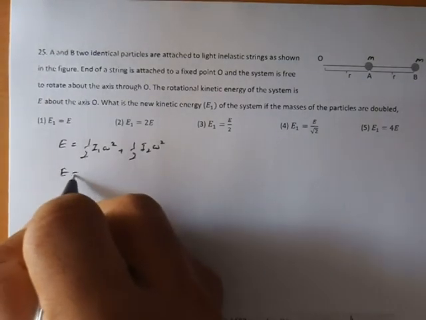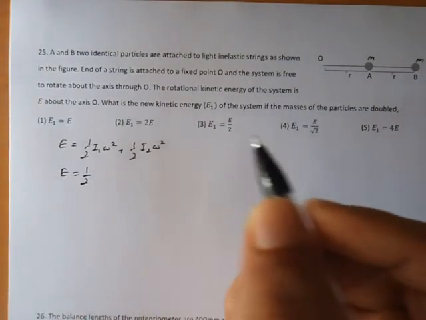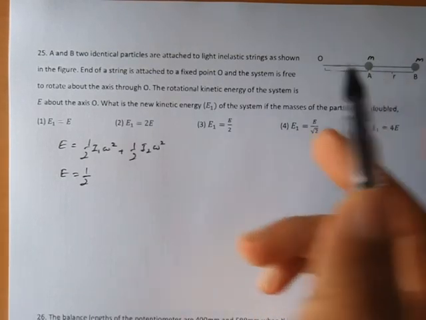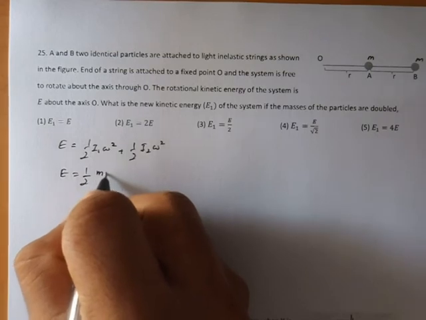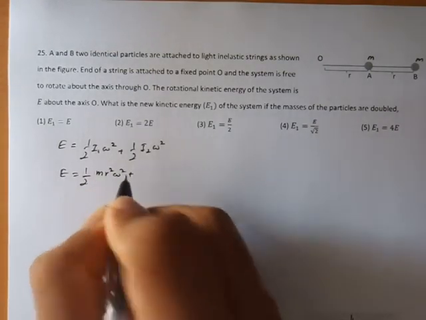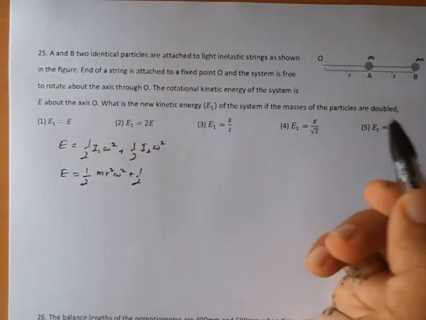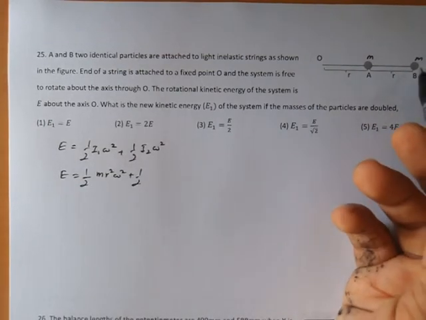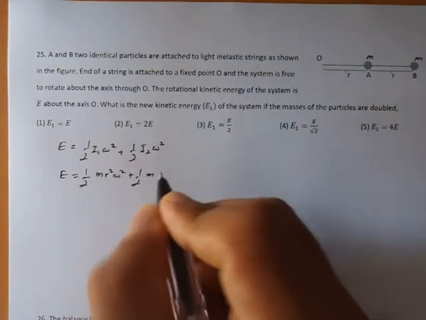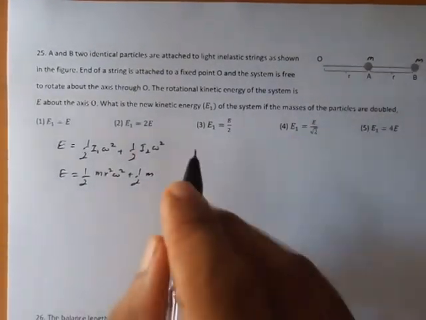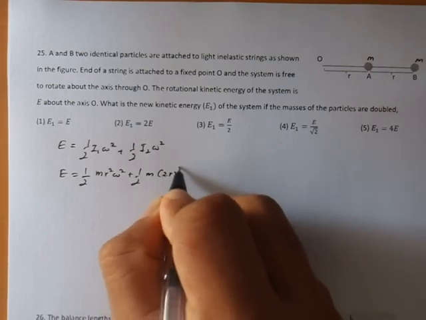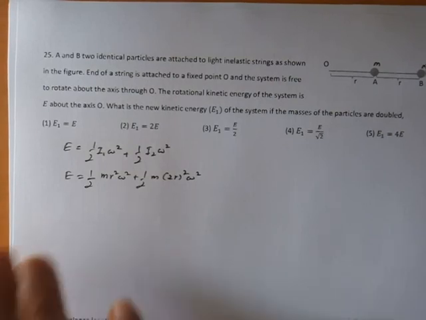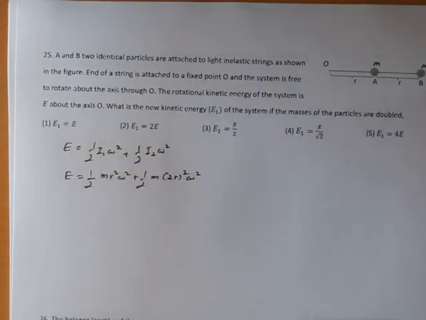So I get E equal to half times m r squared omega squared plus half I2, which is m times, now the distance is 2r, squared, omega squared. So this is E, and now it says the masses are doubled.